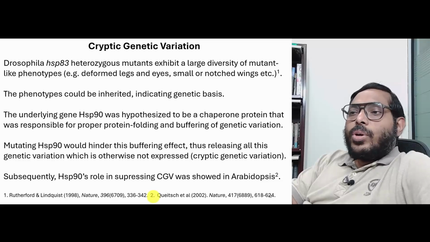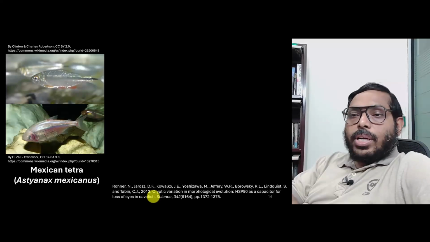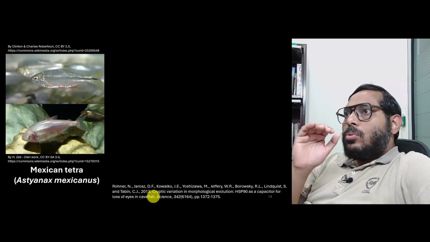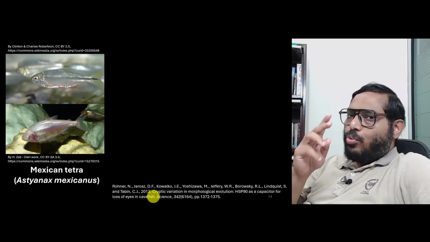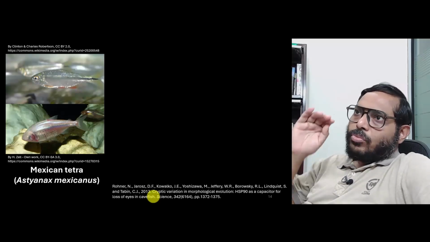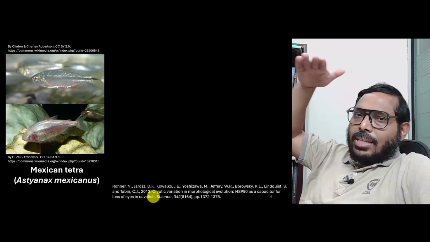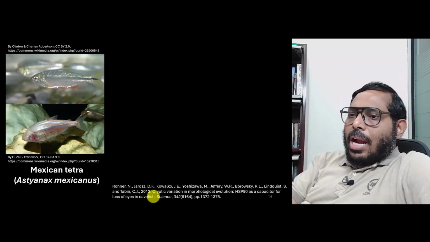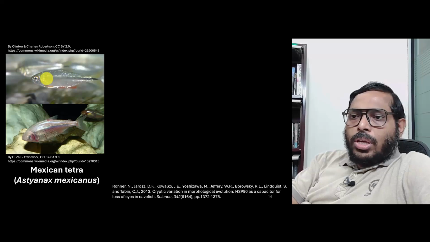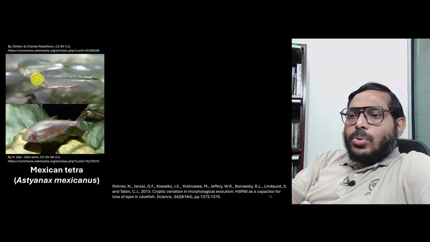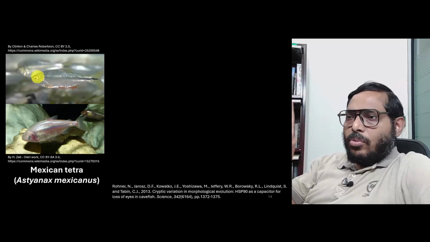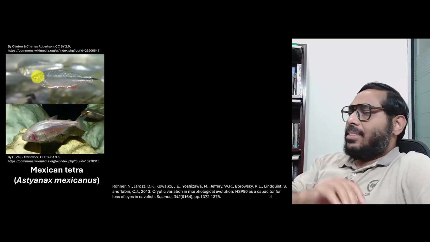Similar stuff was observed in this particular fish, known as the Mexican tetra. This fish you can find in two forms. Some forms are found close to the surface of the water, and these are the ones I am showing here on the top, and as you can see they have nice eyes, they are regular normal fish which see things.